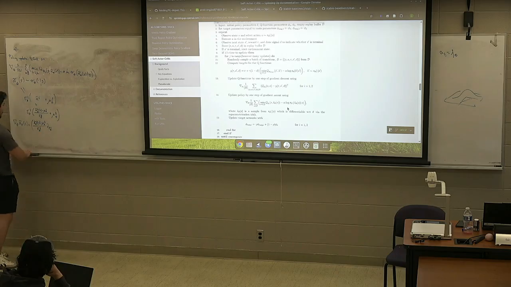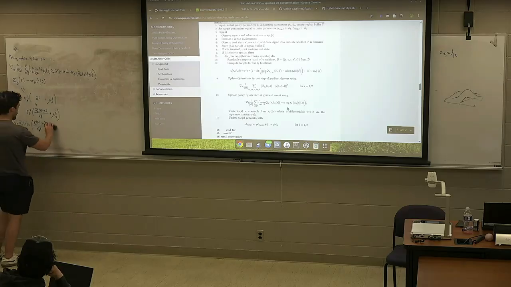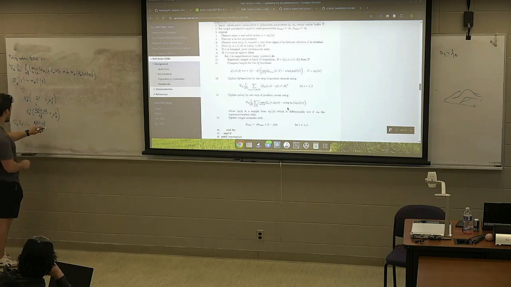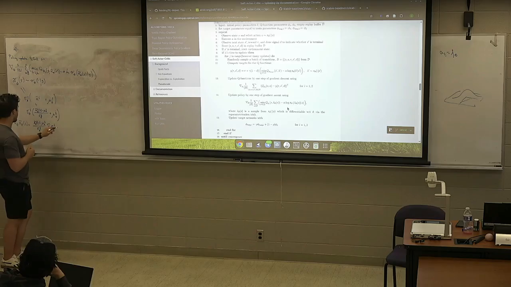But then you do chain rule, and you differentiate this with respect to theta. And that's just straight up going from the neural network background. And then the other part is, I'm missing the other part, which was this.